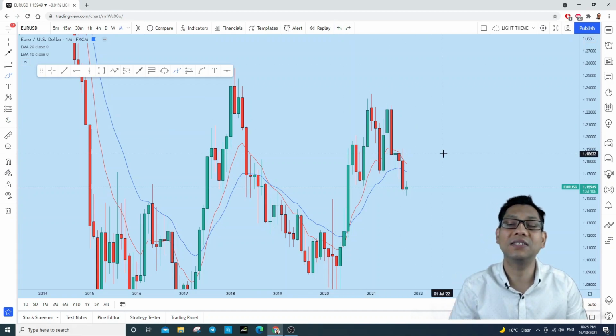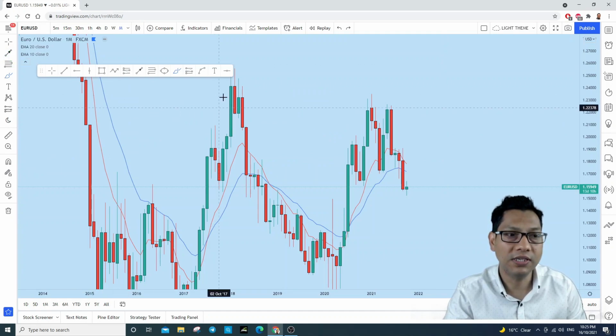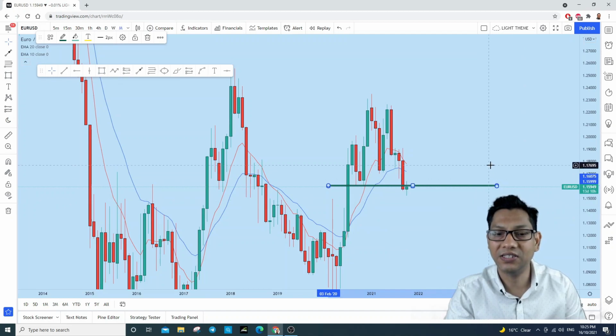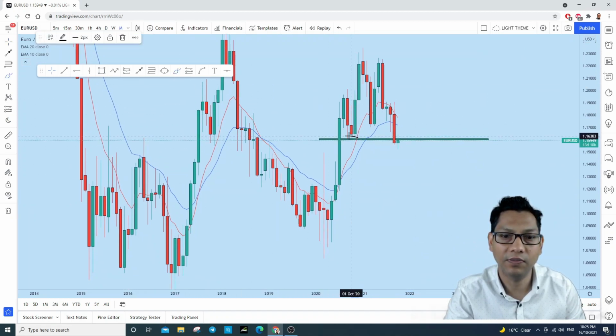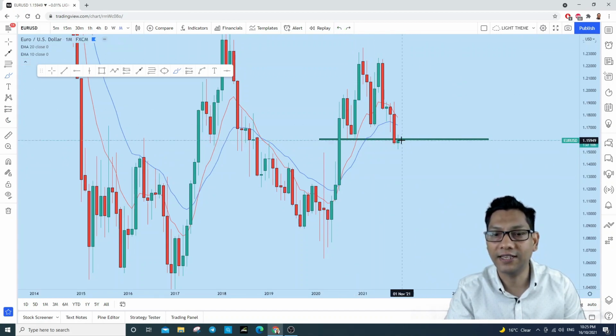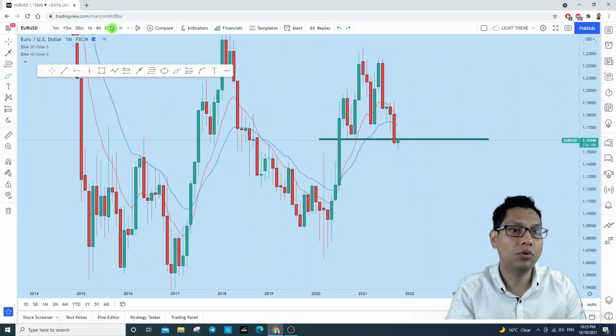That means sellers are very strong in this market. From here, as you can see, this level is a previous support. The price is just below this strong level of support, where quite a few candles acted as support in the past. Now it is acting as a resistance for this move, and what we can expect is a drop from here. Now let's go down to the weekly time frame.